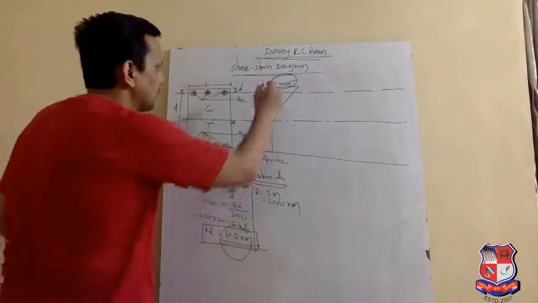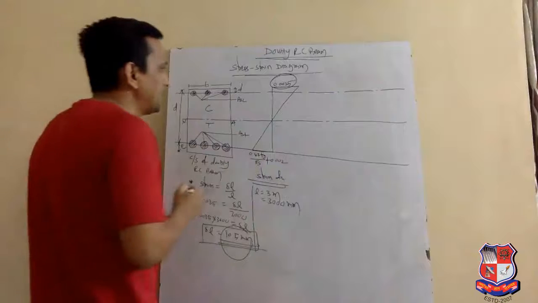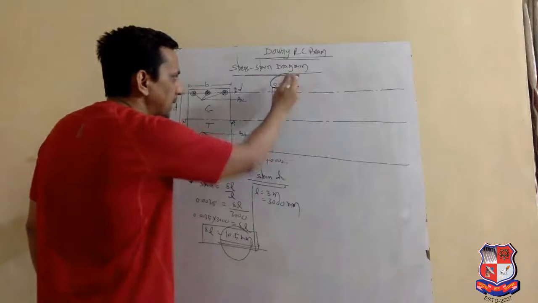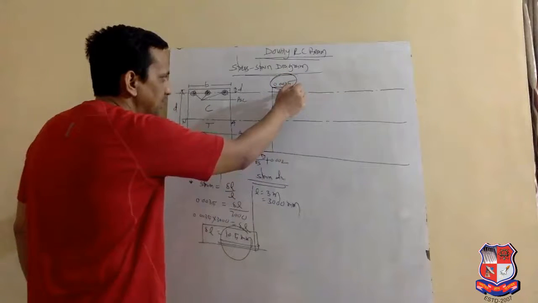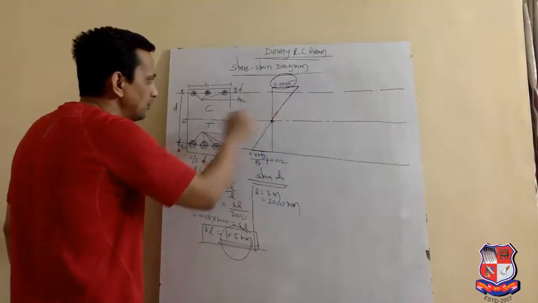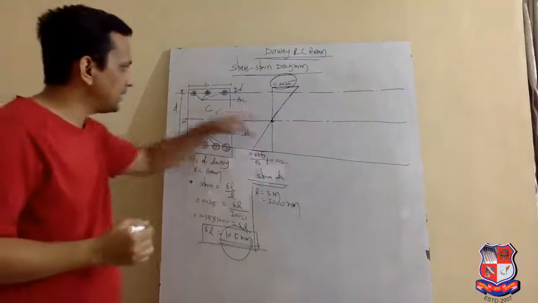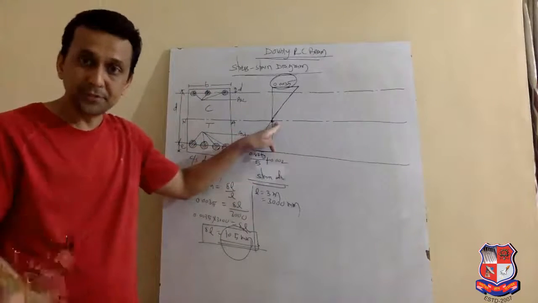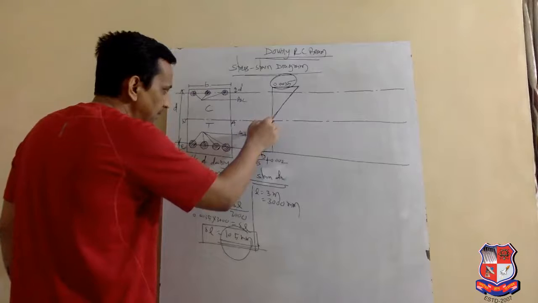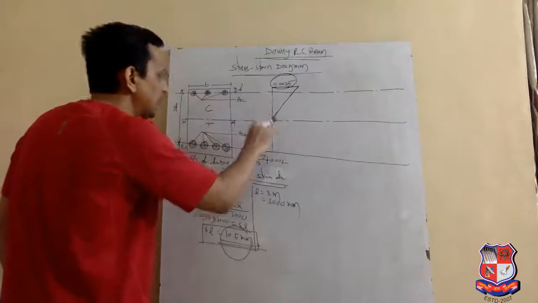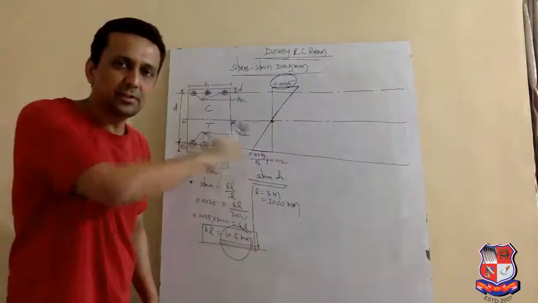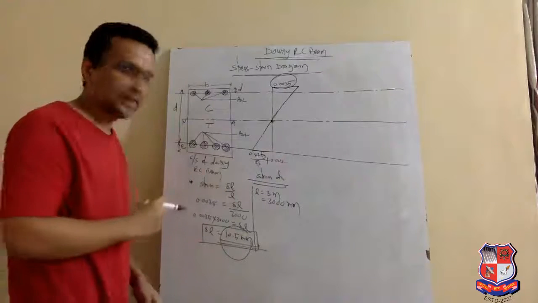Now, from this diagram, we can clearly see that at the top of the beam, the strain is maximum. When we go down, strain gradually decreases. And when it reaches the neutral axis, it will become 0. Below the neutral axis, the tensile zone starts, and the tensile zone is all about tensile reinforcement.